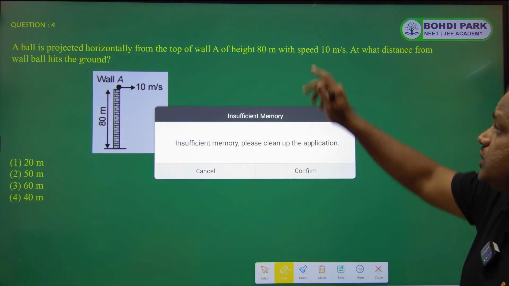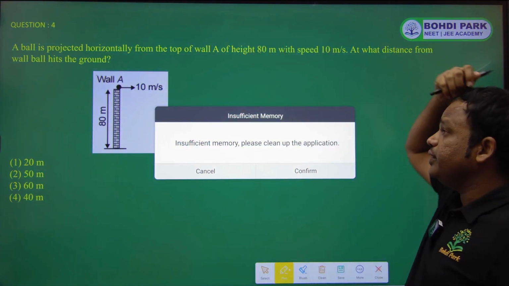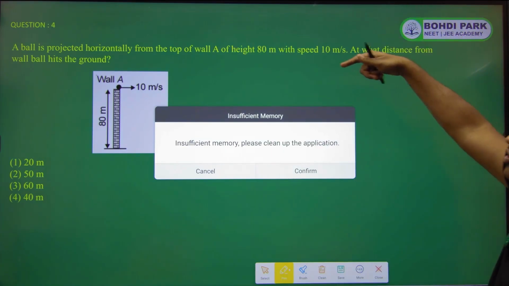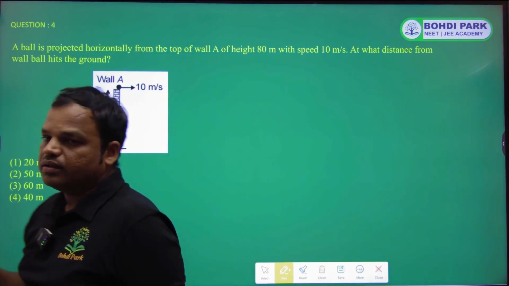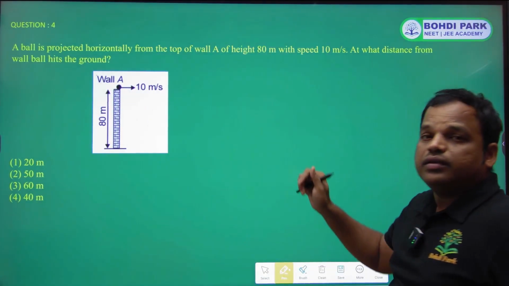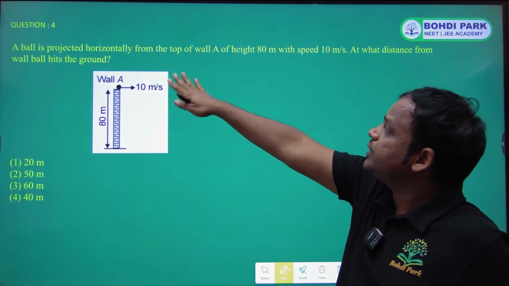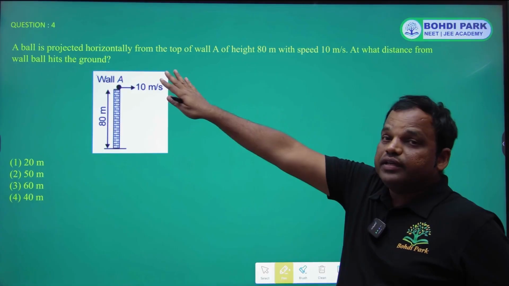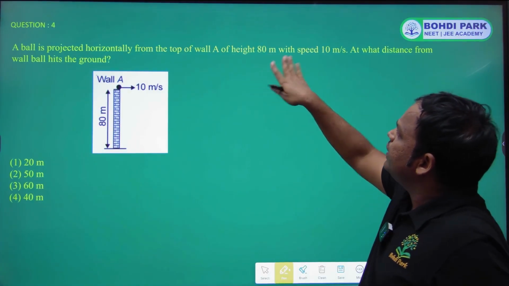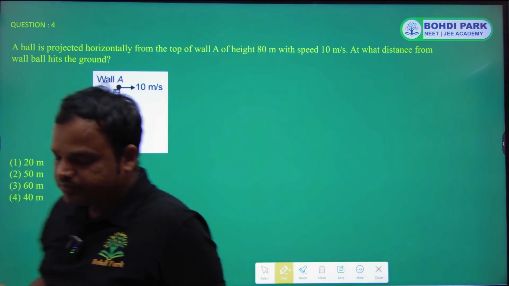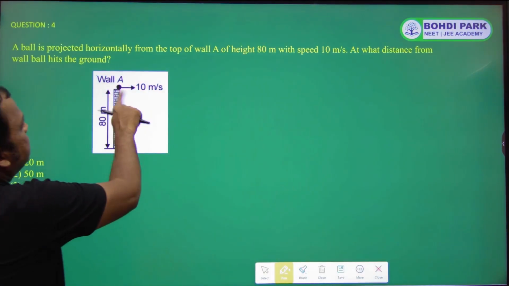Now look at this fourth question. A ball is projected horizontally from the top of wall A of height 80 meter. So it is thrown horizontally.